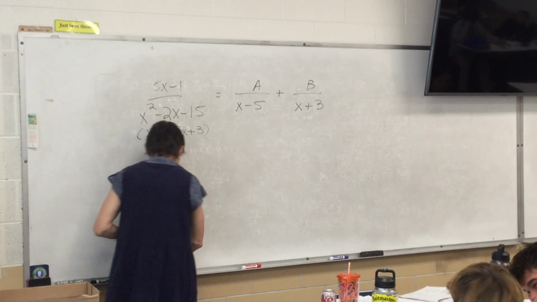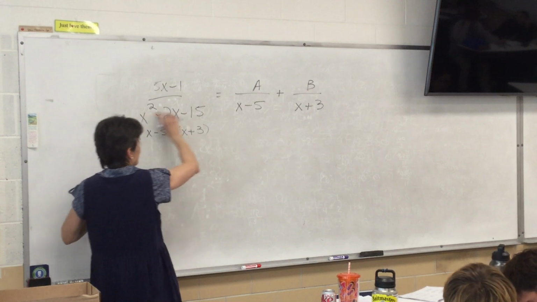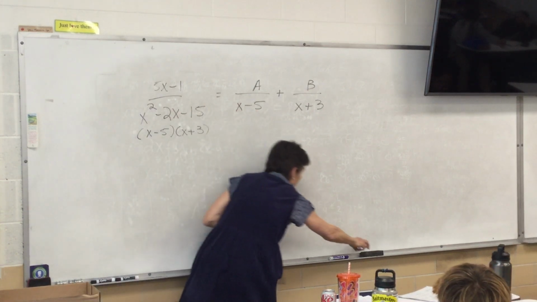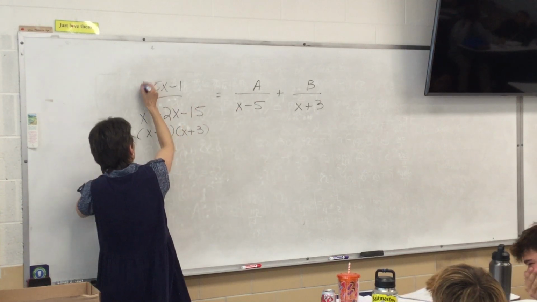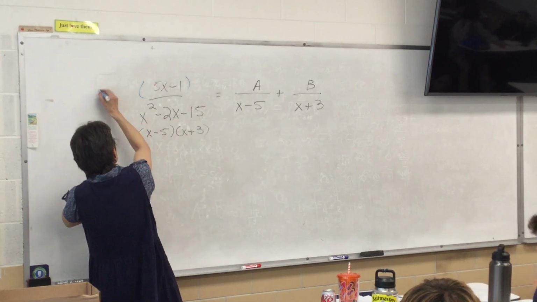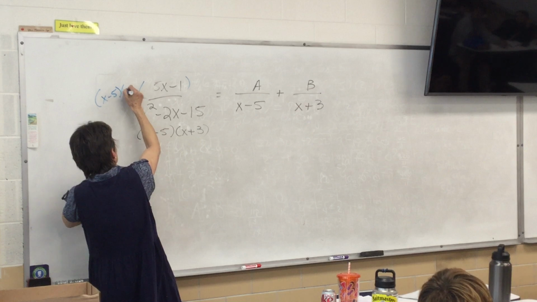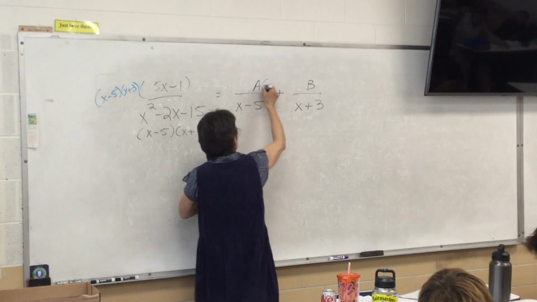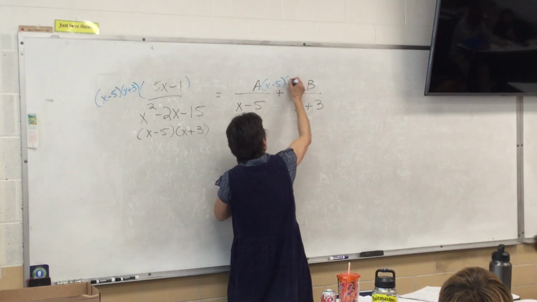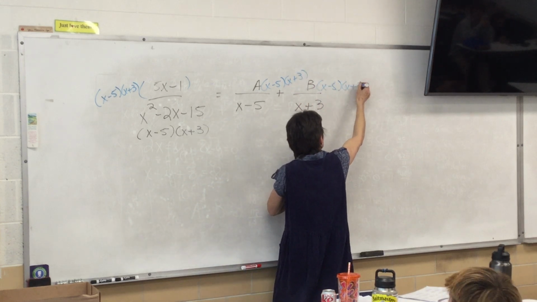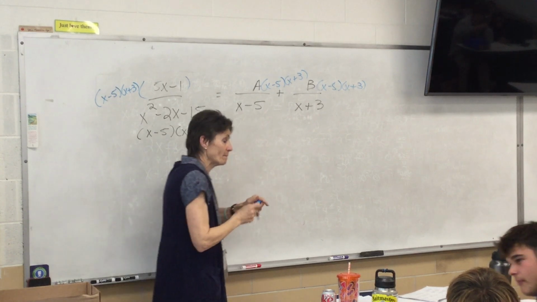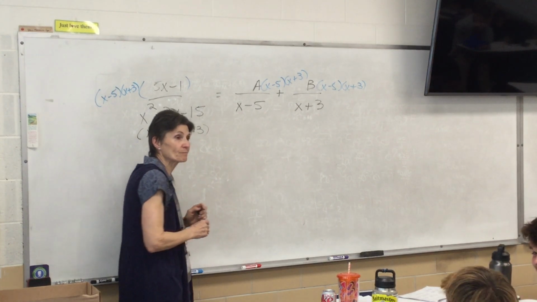So here's what I'm gonna do. This is a big equation here. I'm going to multiply the entire equation by x minus 5 and x plus 3. Why am I doing this? To reduce everything down.